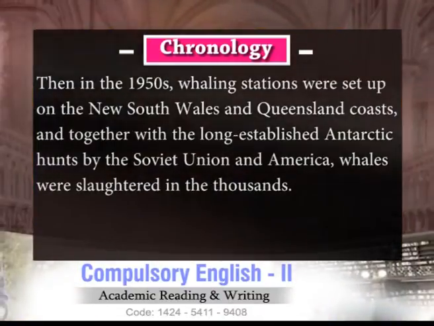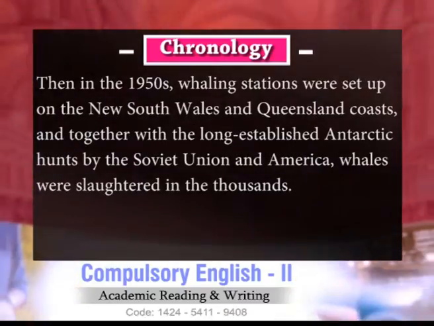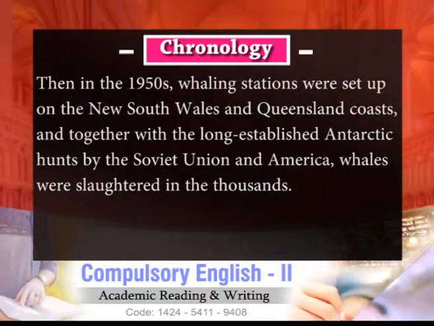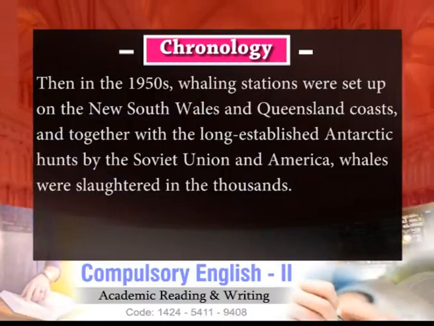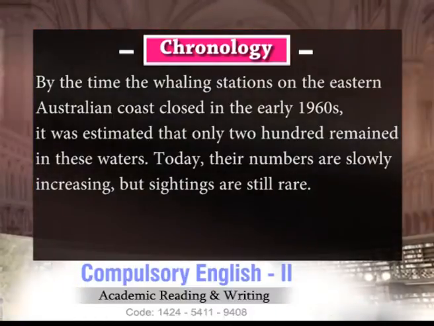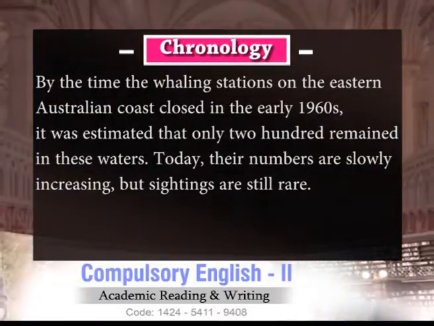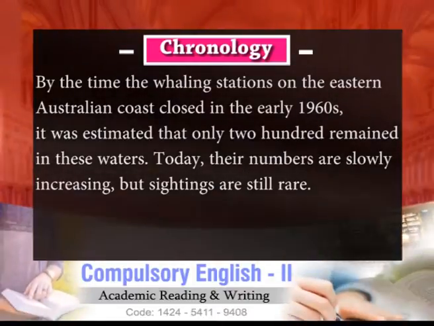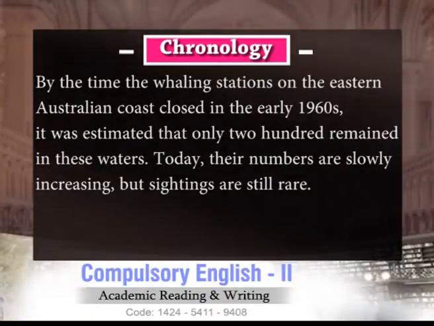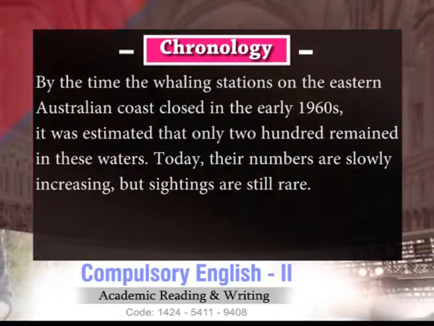Then, in the 1950s, whaling stations were set up on the New South Wales and Queensland coasts, and together with the long-established Antarctic hunts by the Soviet Union and America, whales were slaughtered in the thousands. By the time the whaling stations on the eastern Australian coast closed in the early 1960s, it was estimated that only 200 remained in these waters. Today, their numbers are slowly increasing, but sightings are still rare.